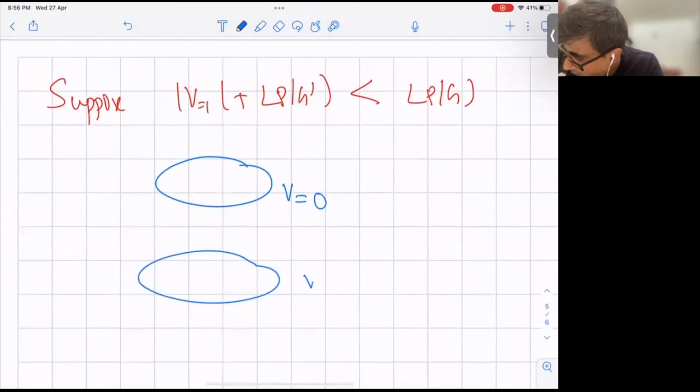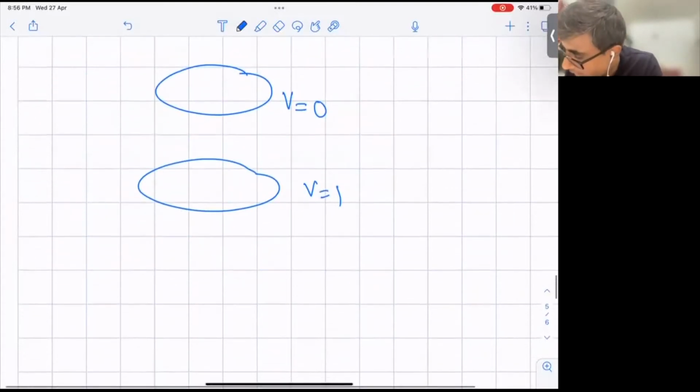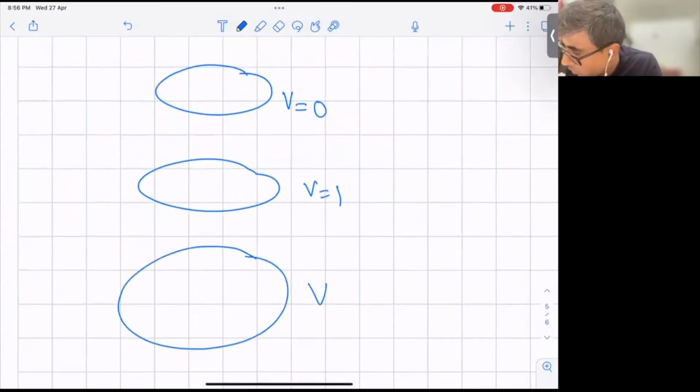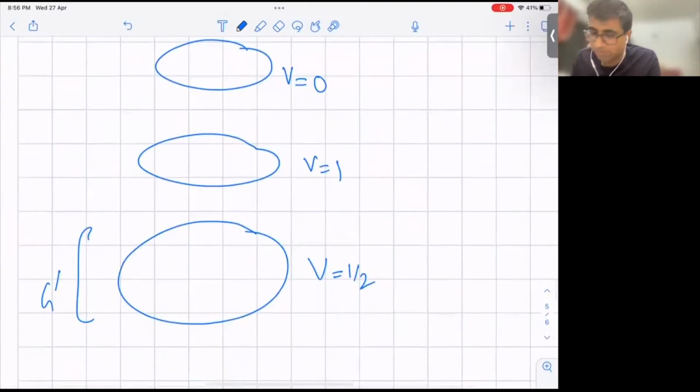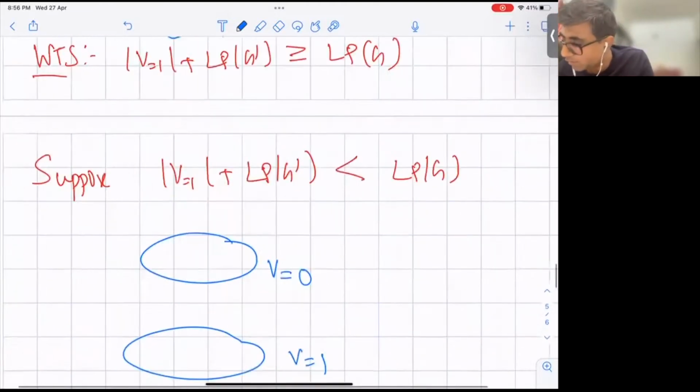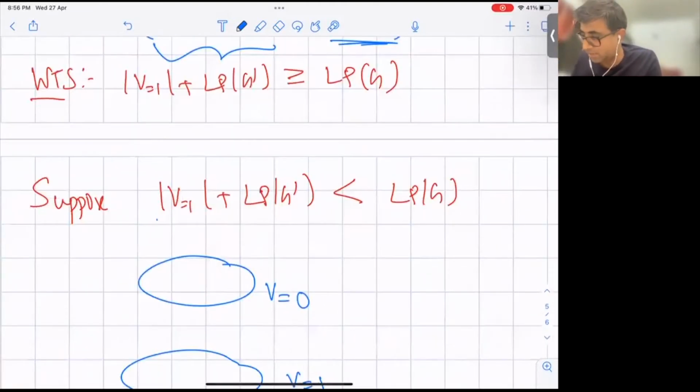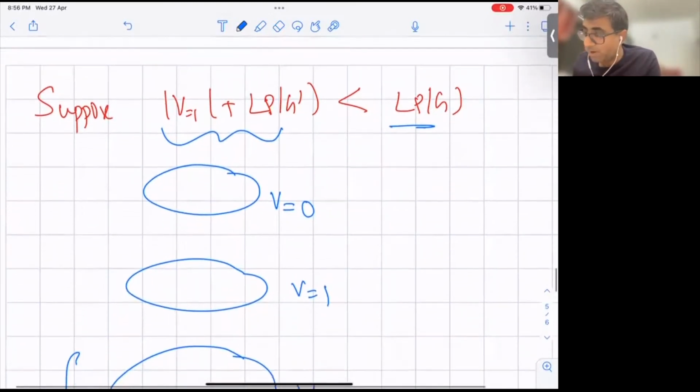Here was V equal to 1. And here was V equal to half. This is what our G prime is. Now suppose this quantity plus this quantity is strictly less than LP of G. Suppose. Then what happens?